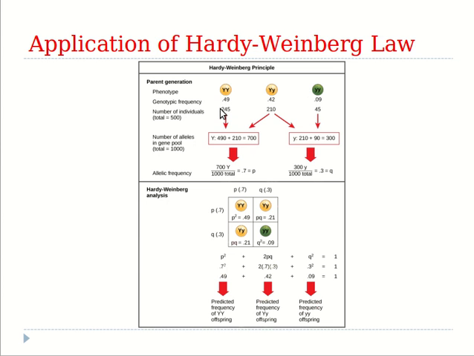There are 245 individuals with capital Y. So how many Y alleles are there? Each individual has 2 alleles for the dominant character, so 245 into 2 is 490.